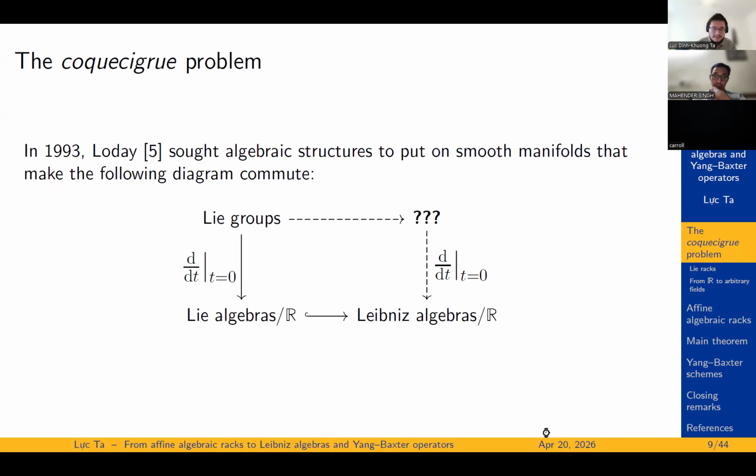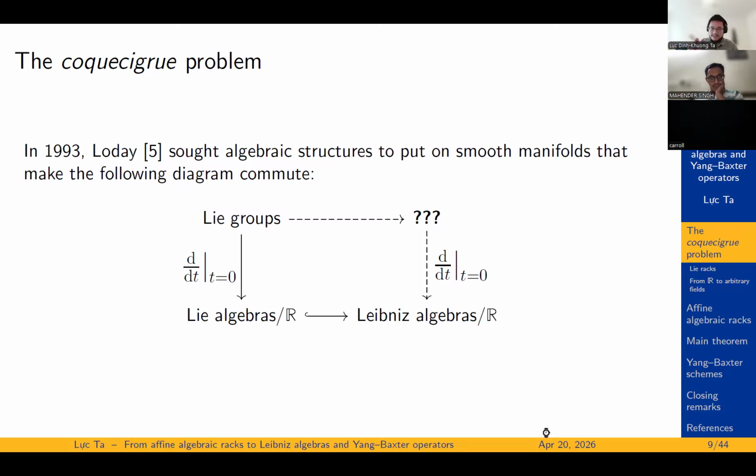There's a way to geometrically interpret a Lie algebra as being the tangent space at the identity of a Lie group over R or C, or an affine algebraic group over any field. So the coquecigrue problem asks, what geometric object should play that role for Leibniz algebras?